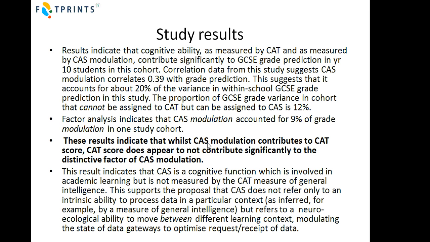So these results indicate that whilst CAS modulation contributes to CAT, it doesn't appear that CAT, Cognitive Ability Test, which is a measure of general intelligence, G, contributes significantly to the distinctive factor of CAS modulation.